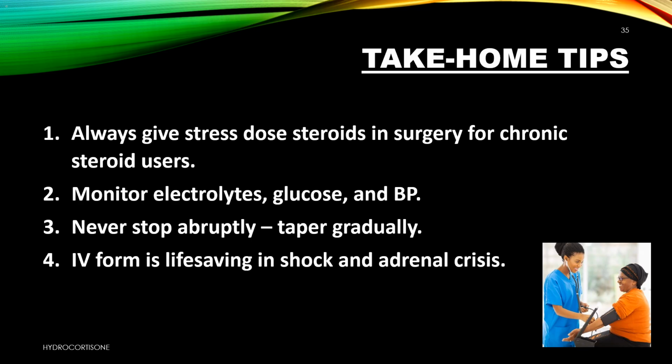Never stop hydrocortisone abruptly, as this can lead to adrenal crisis. Instead, taper the dose gradually to allow the body to adjust and prevent withdrawal symptoms. 4. The IV form of hydrocortisone is life-saving in situations such as shock and adrenal crisis, providing rapid glucocorticoid support and helping to stabilize the patient.